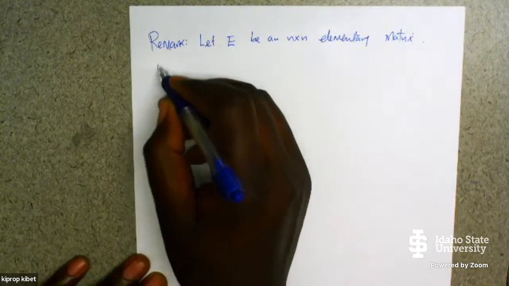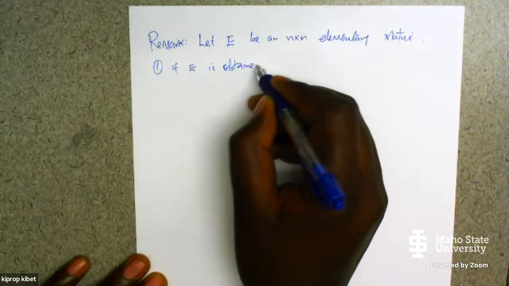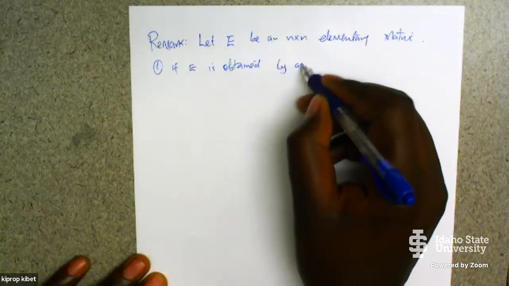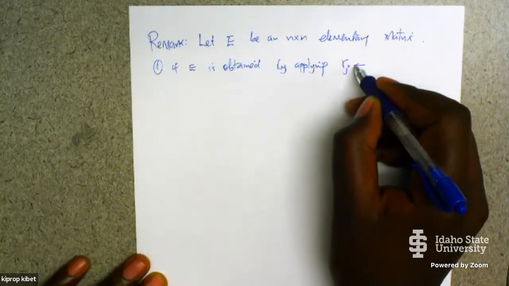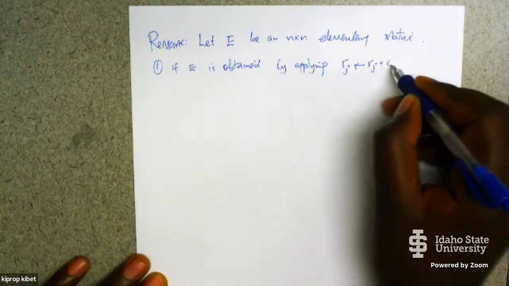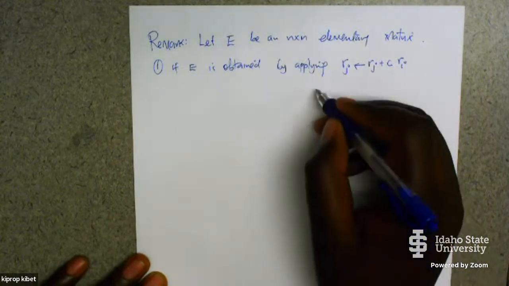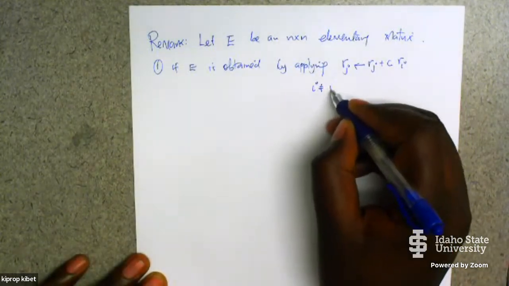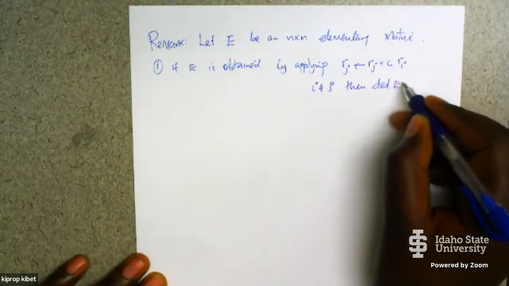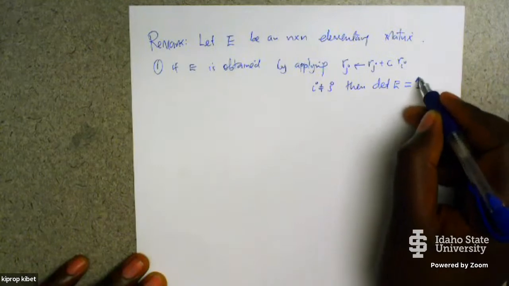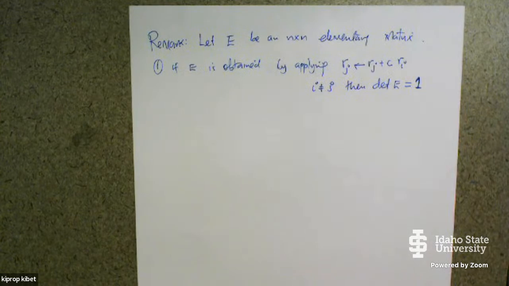Number 1, if E is obtained by applying Rj to get Rj plus C Ri, where i is not equal to j, then the determinant of E is always equal to 1. Just the way we just saw it there. That's the first one.